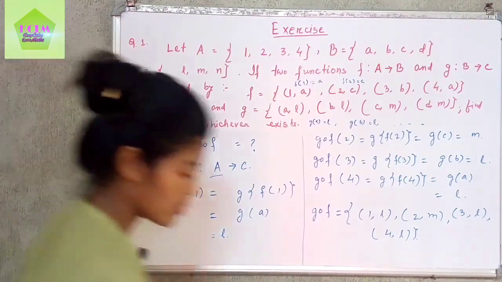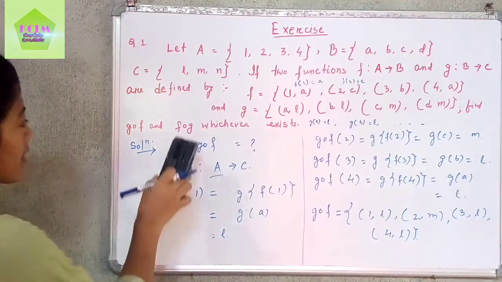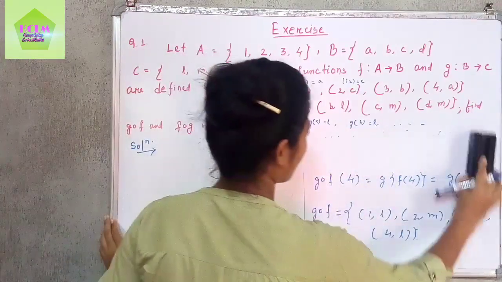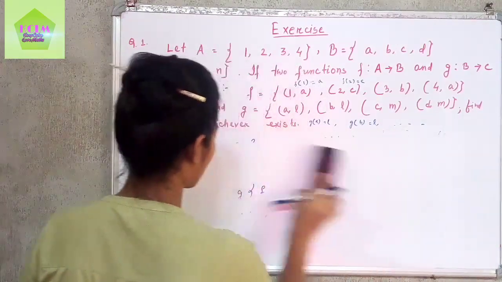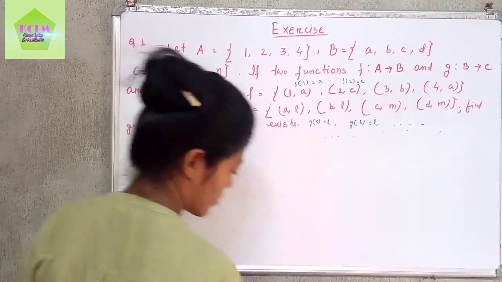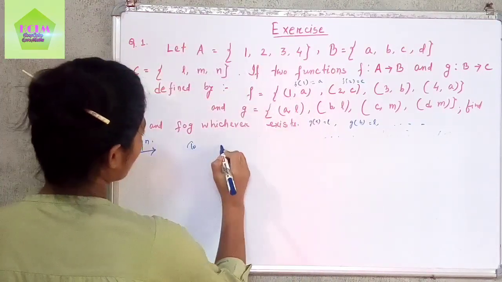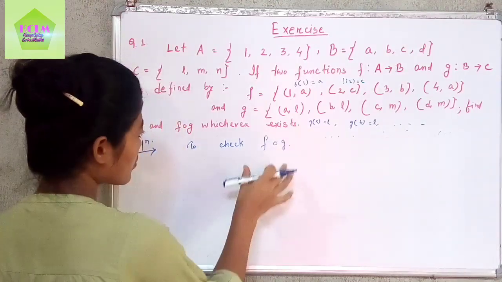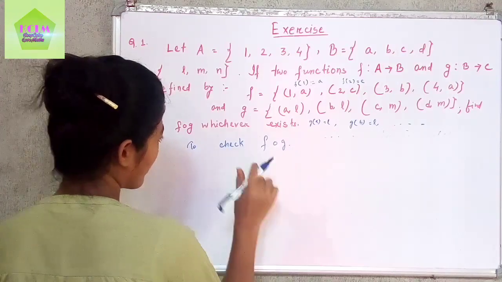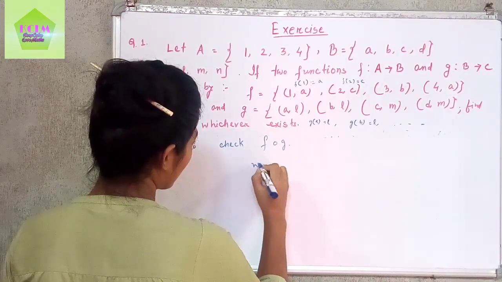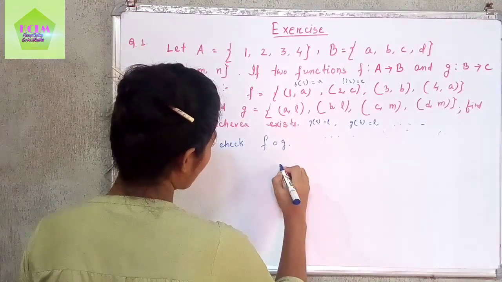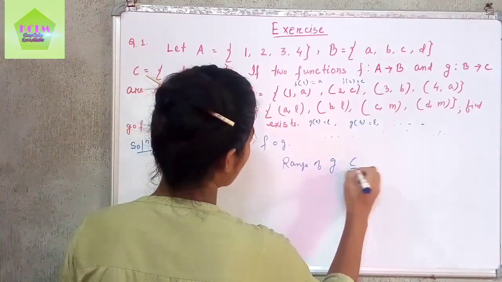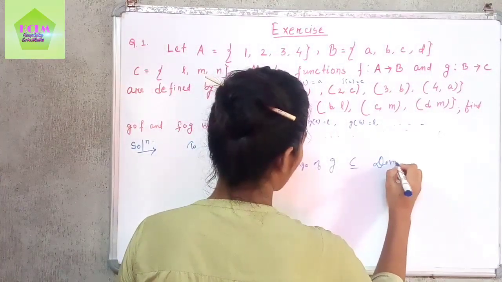Now the second part, we need to check whether f∘g exists or not. So for that, to check f∘g, we need to find whether the range of g is a subset of the domain of f or not.